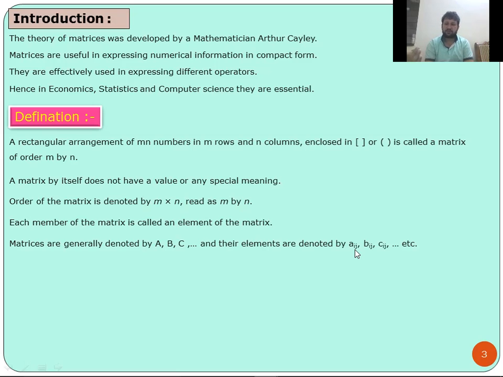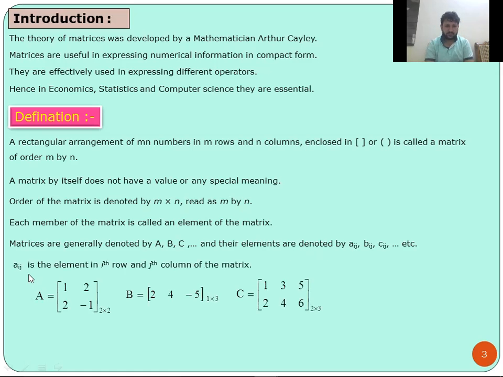Depends on name of matrix, and suffix ij related to the position, number of columns, and number of rows. a_ij element is generally from the ith row and jth column of the matrix.